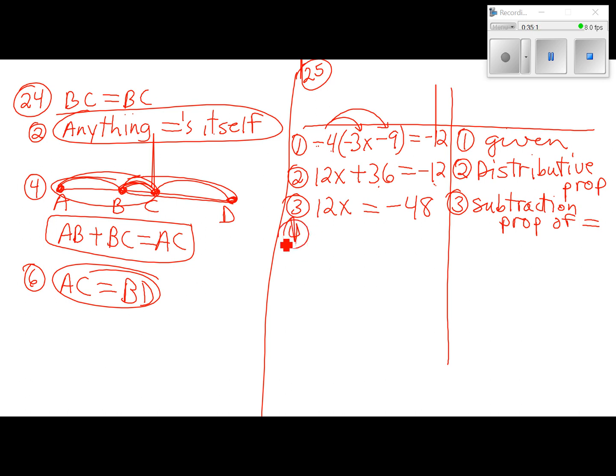Number 4, next we're going to divide both sides by 12. We end up with x equals -4. And there we use division property of equality.